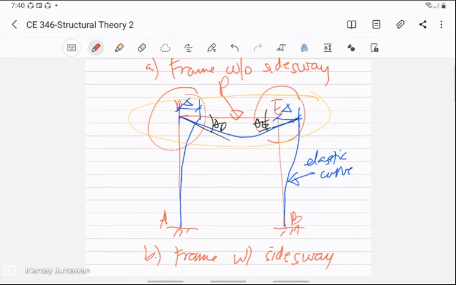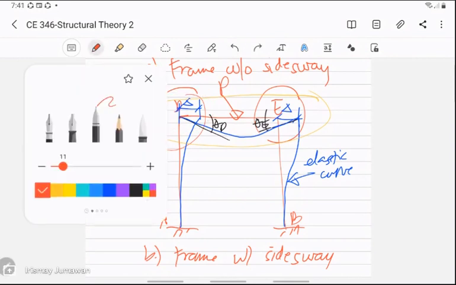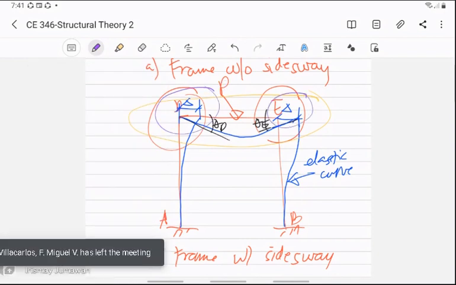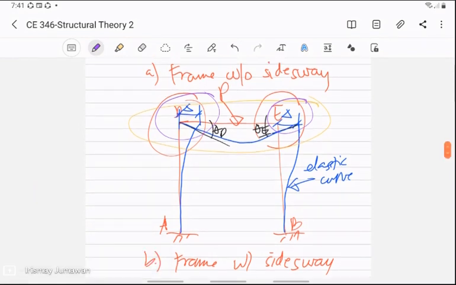So that is the member DE. Whatever displacement joint D has, joint E has the same displacement. So this frame will be analyzed with side sway.